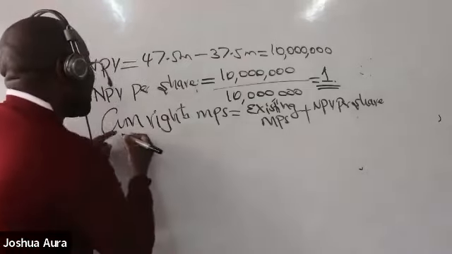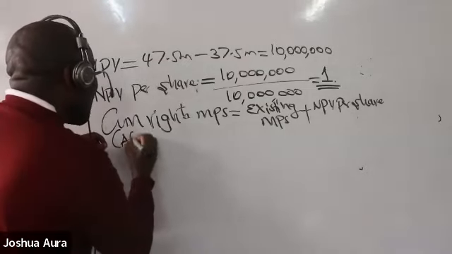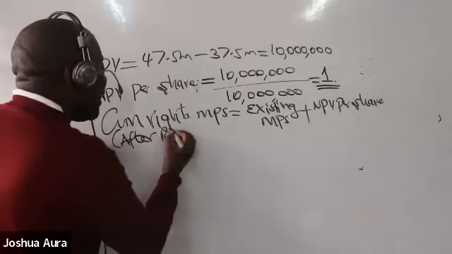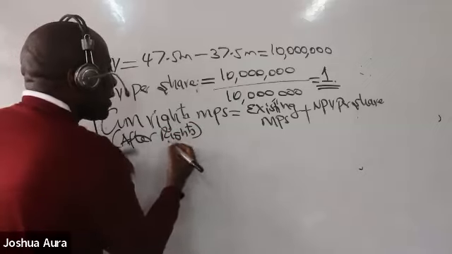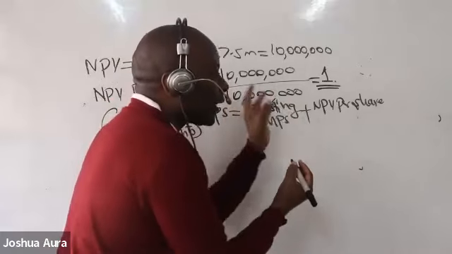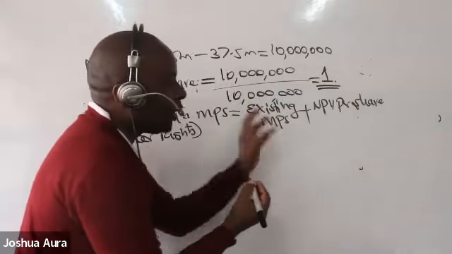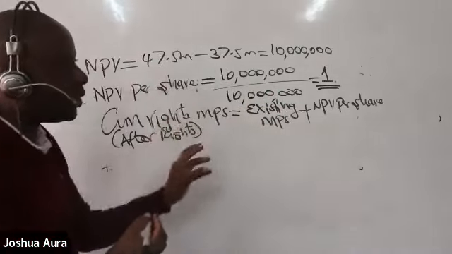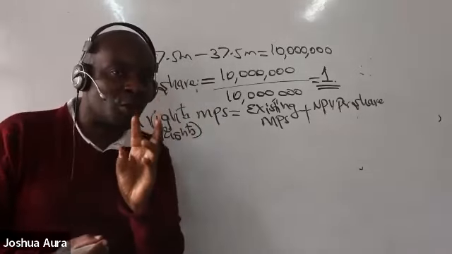Because this is the CAM rights price after rights, and these rights will be invested in a project which will give me a new net present value. We only use this approach whenever we have what we call a rights issue.